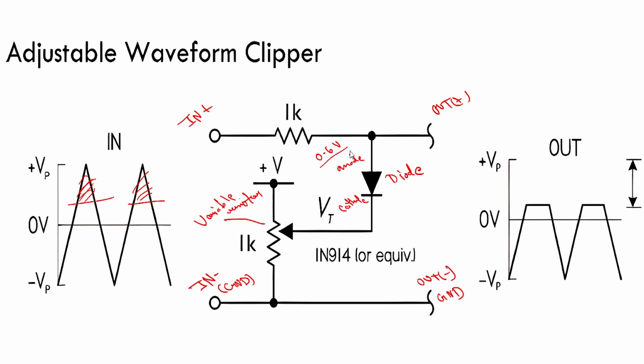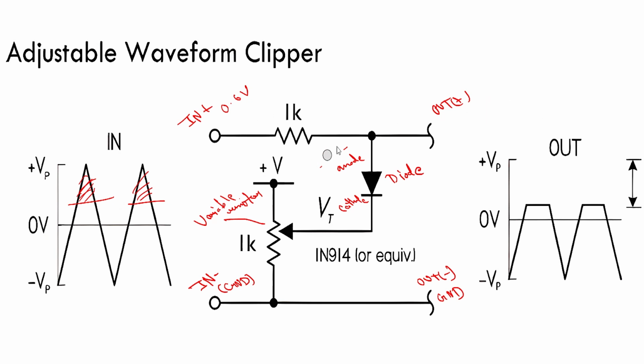So if any input voltage is below 0.6, the output will be the same as the input. If the voltage is 0.6, the output will be 0.6, because the diode will not conduct, and when it does not conduct, the clipper circuit will not work. It means for 0.6 the output will be 0.6.